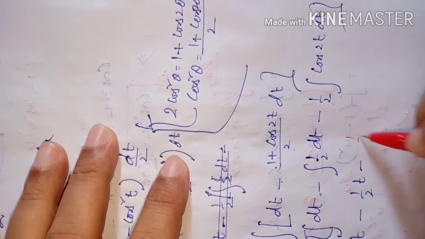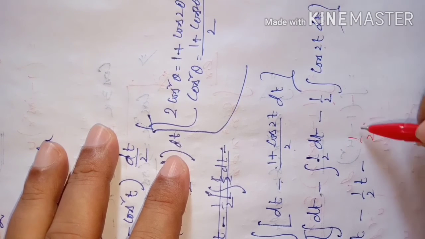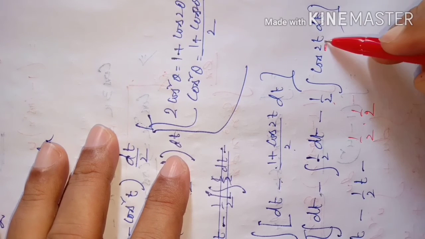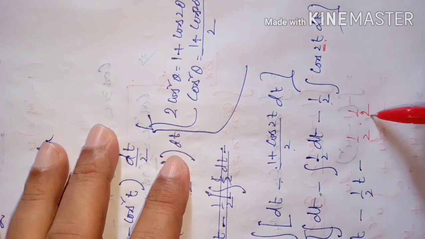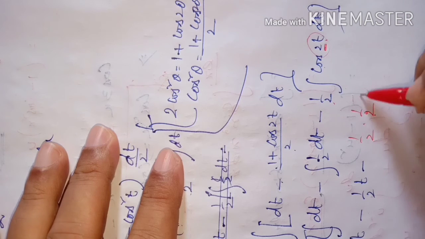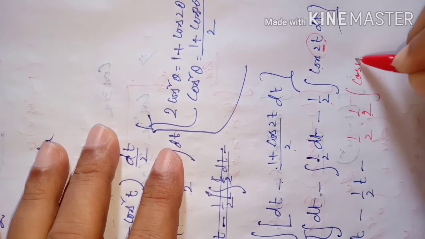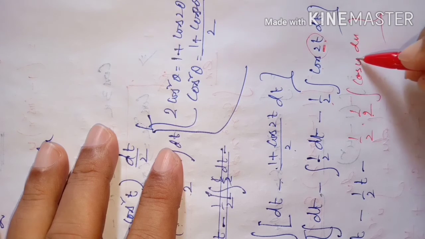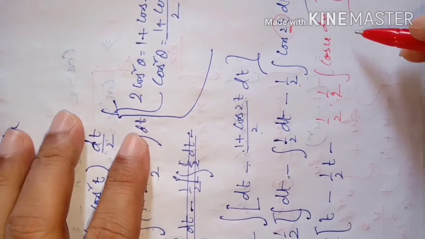This half is already there, and from this also 1 by 2 will come, because this is the coefficient of this variable t, so 1 by 2. Then cos of this one you can write as a new variable, integration of cos u du, directly. So then for u, you can take the integration of cos u du.